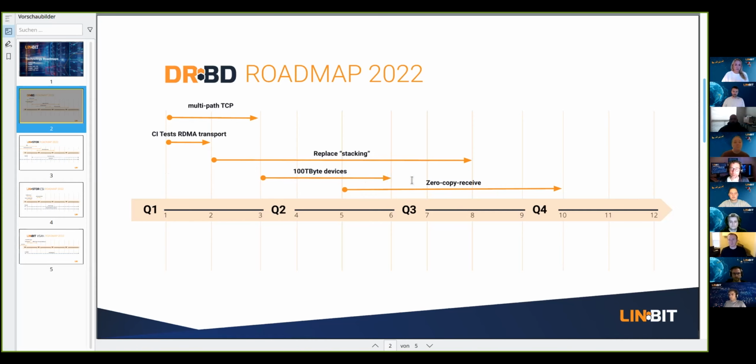Yeah, and then one of the recent things we've done is this receiving acknowledgements in the so-called bottom half context. So this reduces latency of DRBD, and that's awesome. And a similar thing we can do on our data path is this zero copy receive.